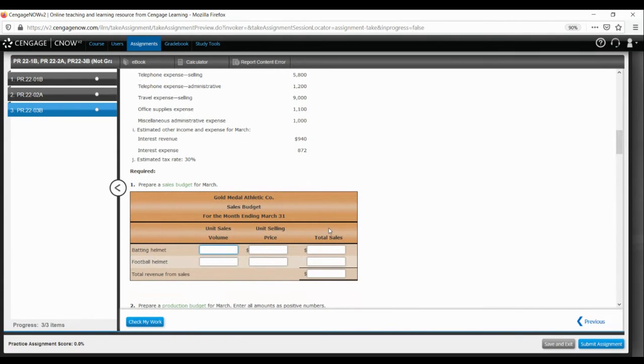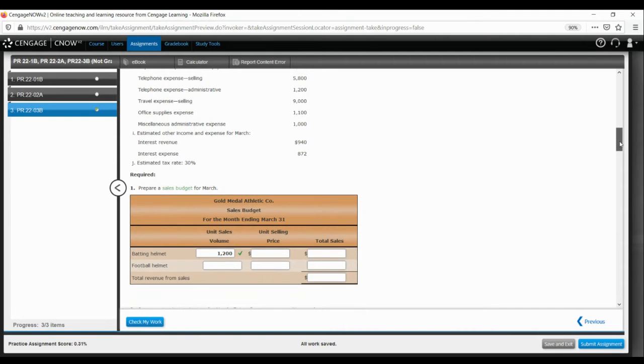So for our unit volume of sales, we're going to key in 1,200. I'm going to check my work just to make sure that we've got the proper information entered, and also it'll be especially helpful when we're checking our total answers where we're going to have to find some information that is not given to us.